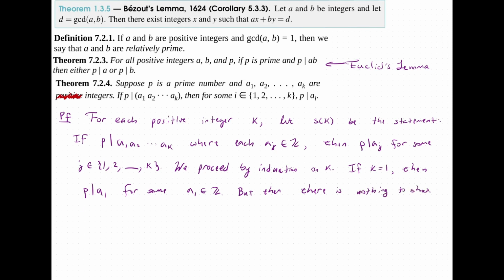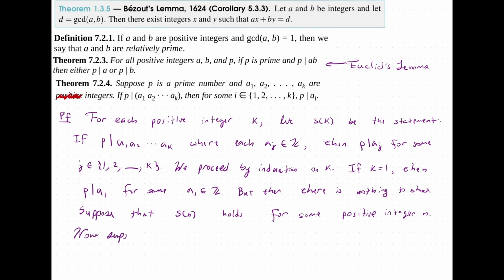So now, suppose that S of n holds for some positive integer n. And so we're going to consider the case where we have p divides a product a1, a2 all the way to a sub n plus 1.